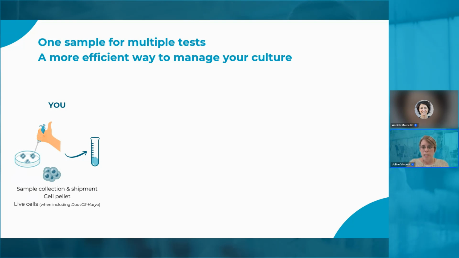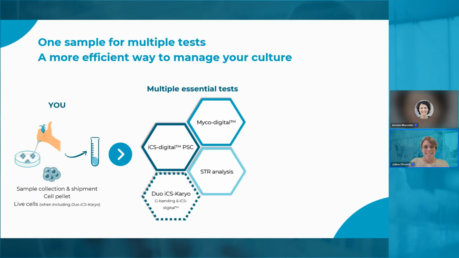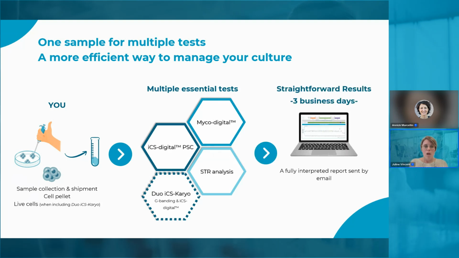Then, our technical teams perform 1, 2, 3, even 4 tests and provide you with fully interpreted reports for all tests within 3 business days after sample reception. Please just note that if you perform the dual ICS karyo test, the turnaround time will be at least 10 business days due to the G-banding tests.